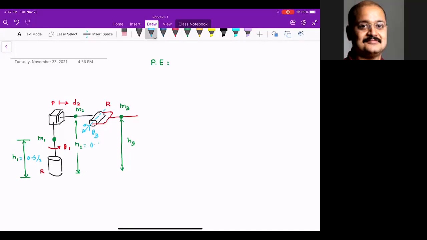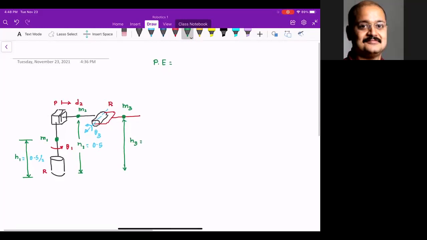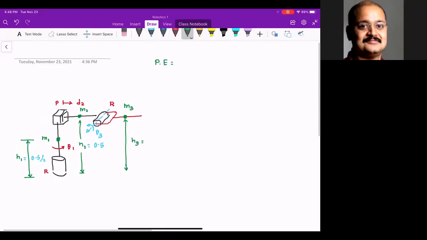What is h2? 0.5. And what is h3? 0.5 plus L by 2 sine theta 3.